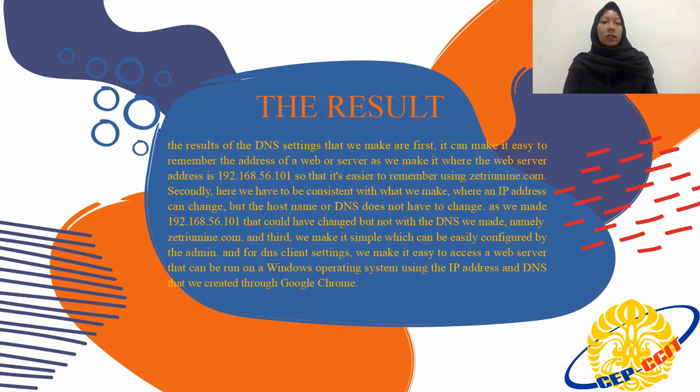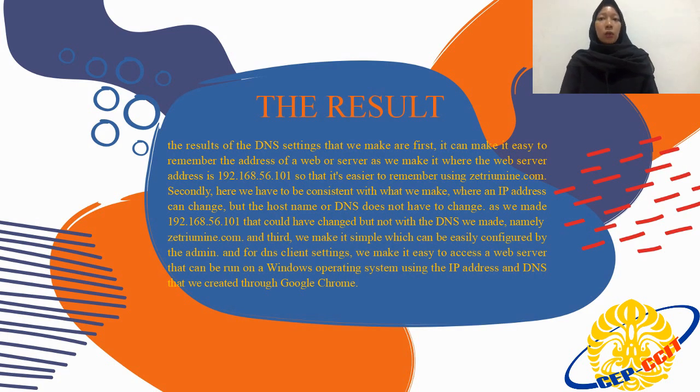Secondly, we have to be consistent with what we make, where an IP address can change, but the hostname or DNS does not have to change, as we made 192.168.56.101 that could have changed, but not the DNS we made, namely zremind.com.